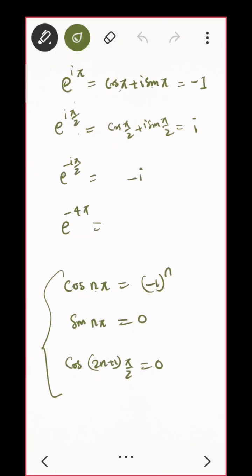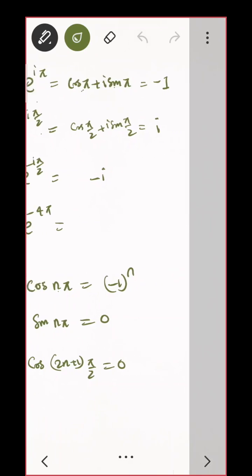Can I write this I as e raised to something? Look at the previous slide. Can I write this I as e raised to I pi by 2? This was the trick.